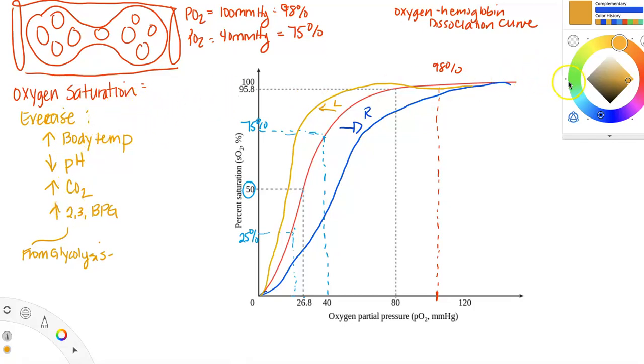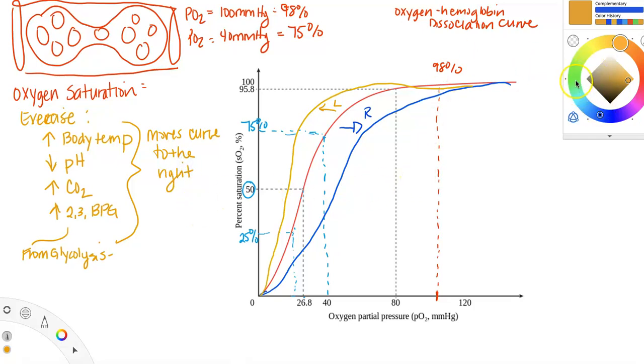So on the other side of it, let me write this down. So this moves the curve to the right.